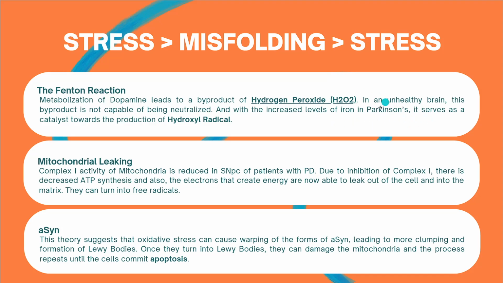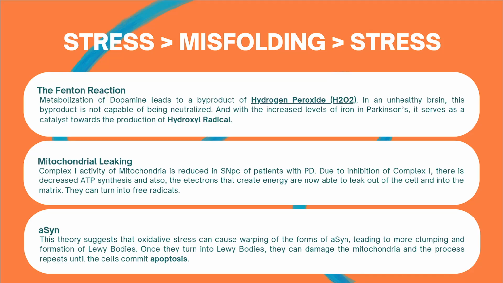For example, in Parkinson's, usually you have an increased amount of iron. And if you know iron and the relationship it has with hydrogen peroxide, it is a catalyst. That means when iron comes into contact with hydrogen peroxide, it could lead to the production of hydroxyl radical, which is a free radical.